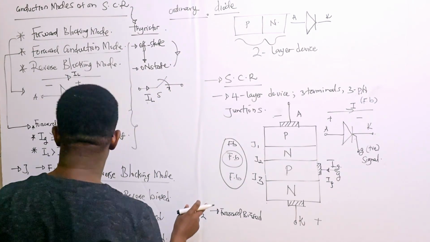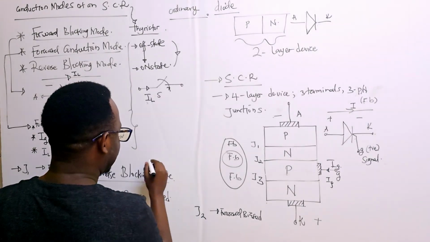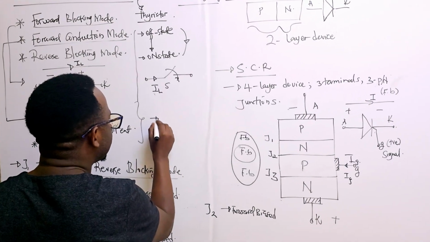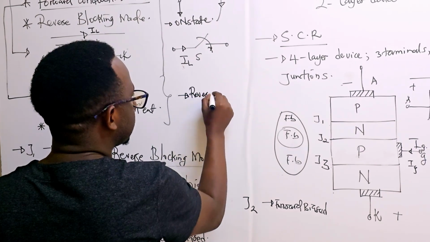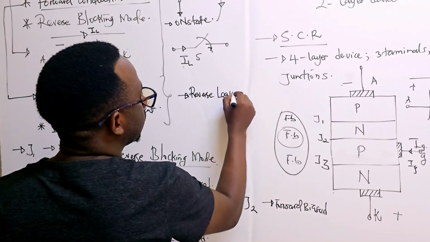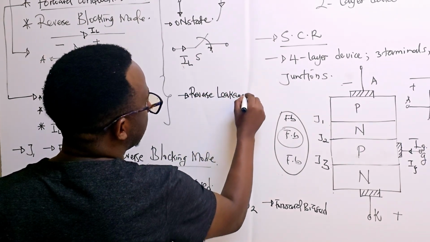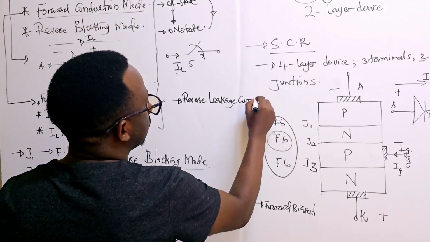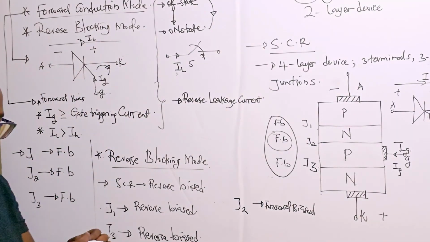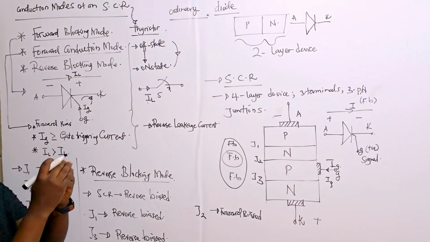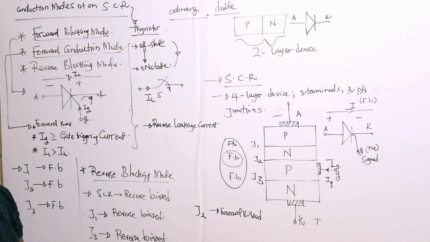And in reverse blocking mode, only a very small reverse leakage current flows through the device, so minute that it has zero effect on the overall current flowing through the load.